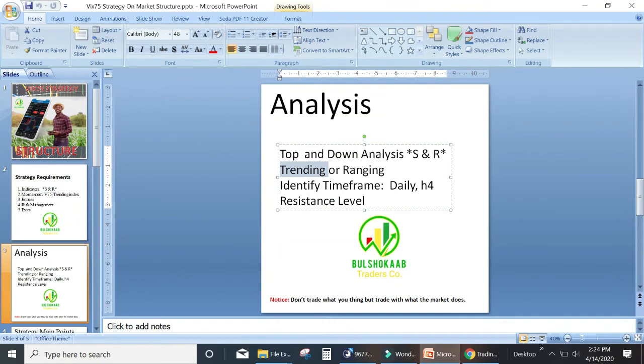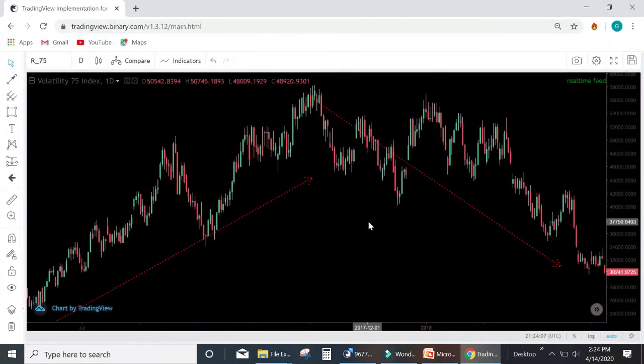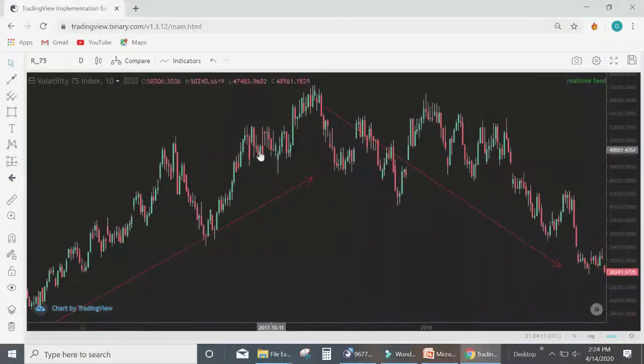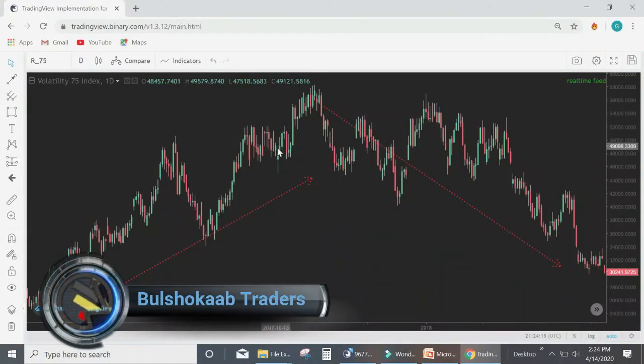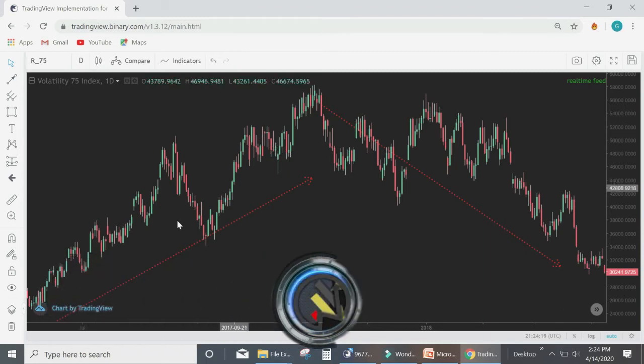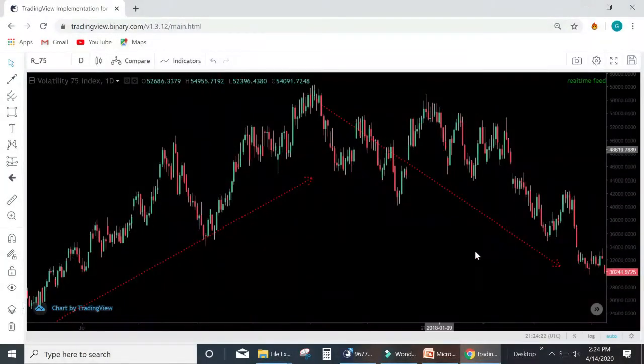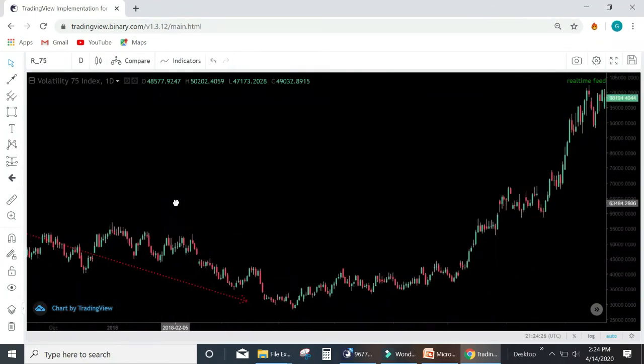But how do we find the ranging? There are many ways that you can identify the ranging. At any time like this, the price does not move anywhere, it moves the same, because sellers and buyers have the same power, like this area. And we can also find many other ways to recognize the ranging market.